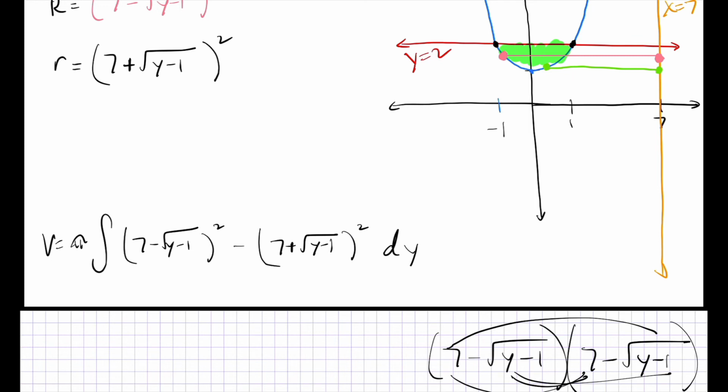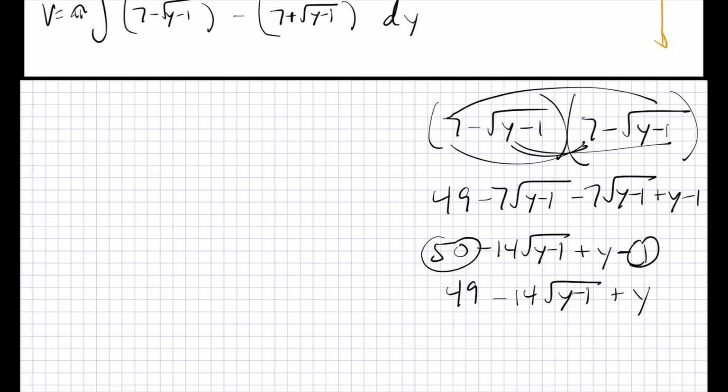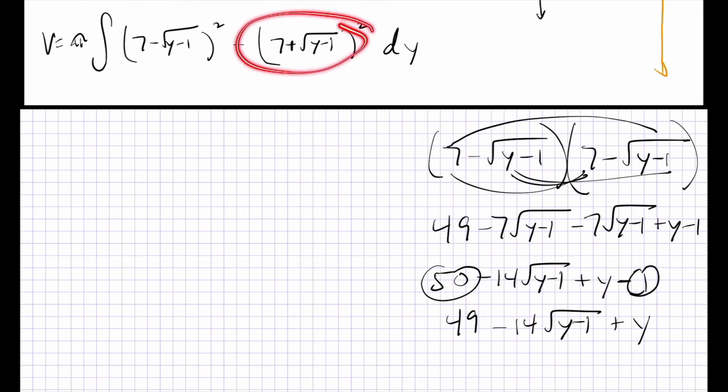This guy over here will have something very similar. It'll have a 49, a plus 14 square root of y minus 1, and a plus y.